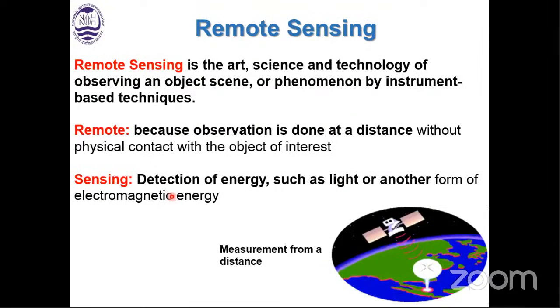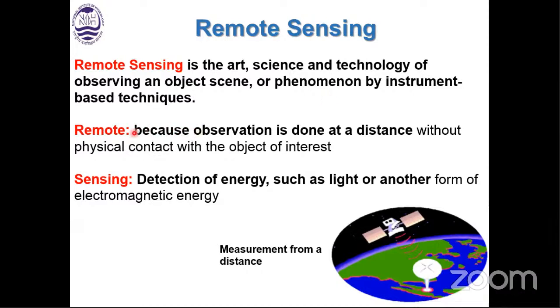So what is remote sensing? From the term, remote sensing means sensing anything from a remote area. If you want to sense anything from far away, that is known as remote sensing. Remote sensing is the art, science, and technology of observing any object, scene or phenomena by instrument-based techniques.